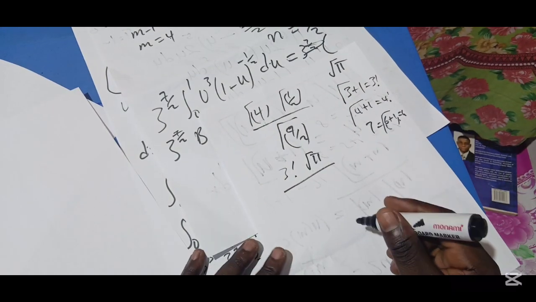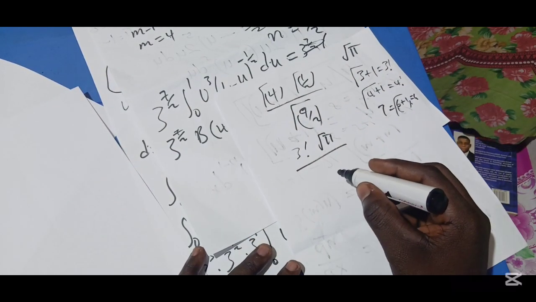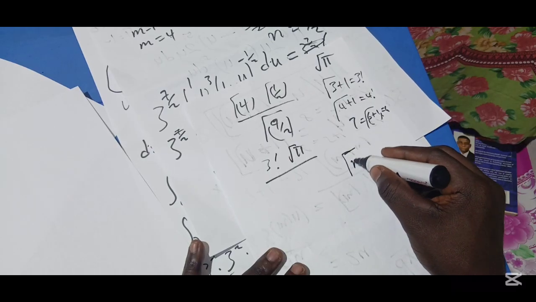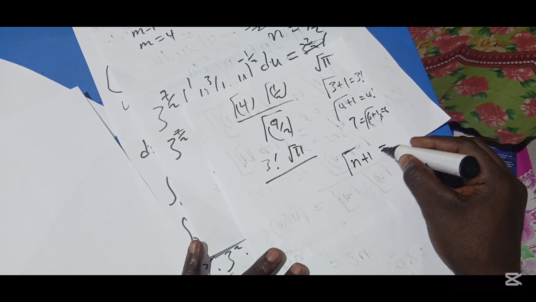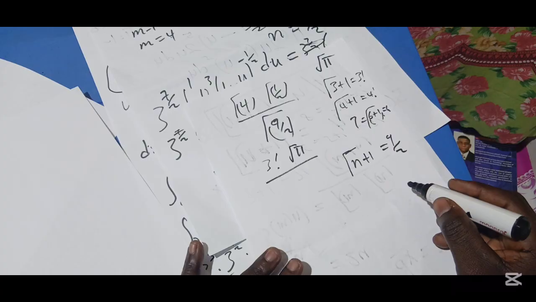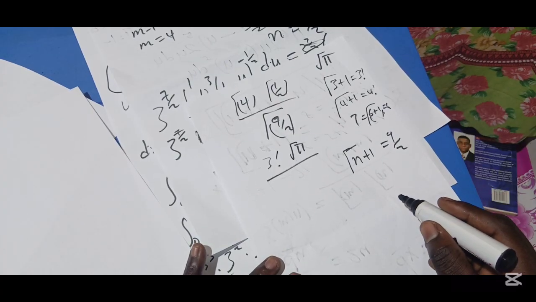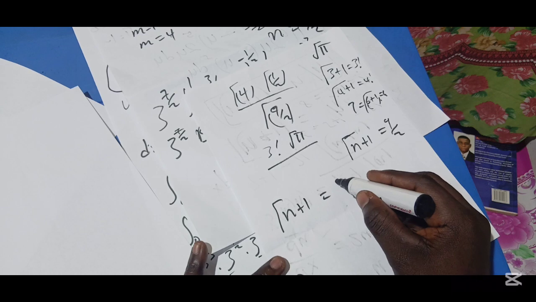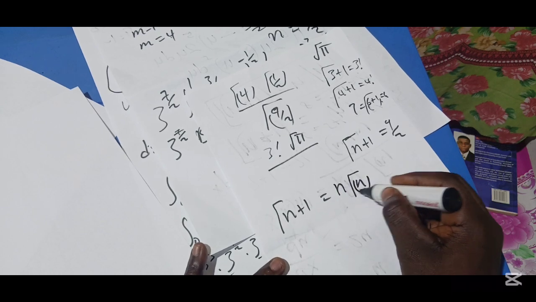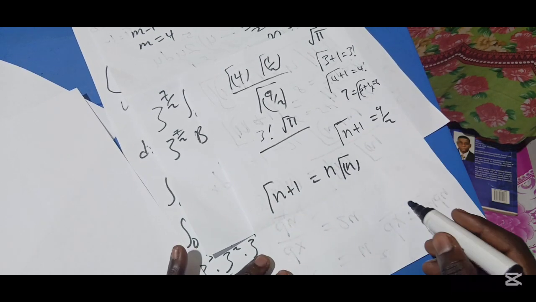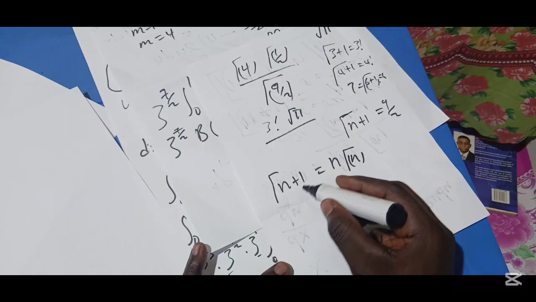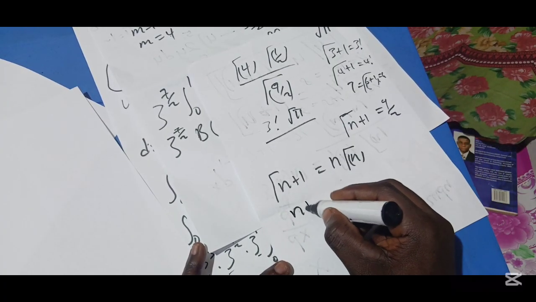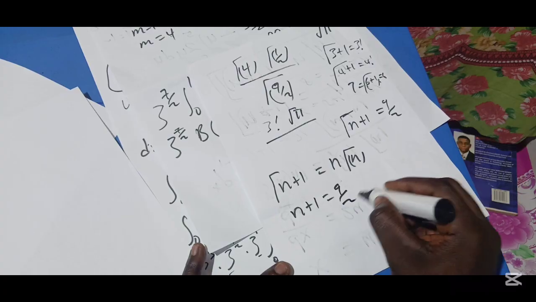For gamma of 9 on 2, we are trying to express it in a term like something plus 1 to give us 9 on 2, so that we can apply the formula gamma of n plus 1 equals n gamma n, since it is a fraction. So n plus 1 should equal 9 on 2.